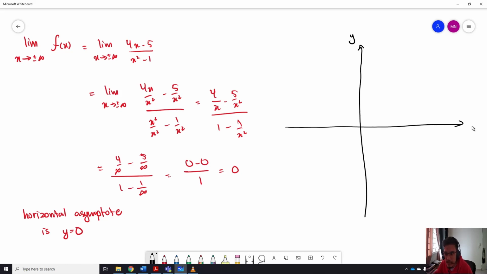So this is y, x, our asymptotes at 1 over 2 and 2, and then our y-intercept is probably right here, and our x-intercept, which is 1.25, 5 over 4, is right over here.